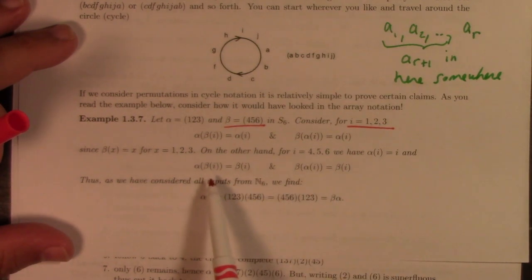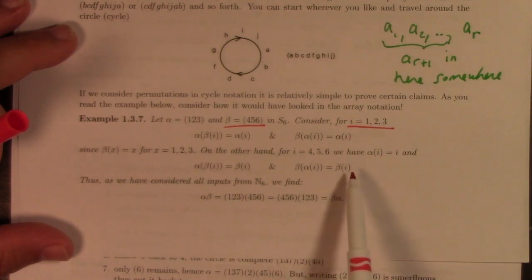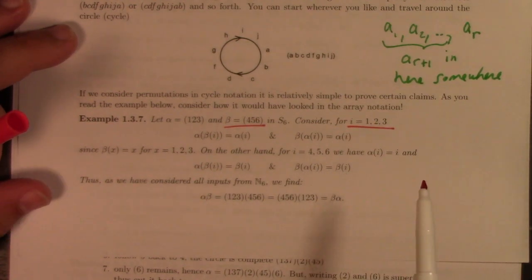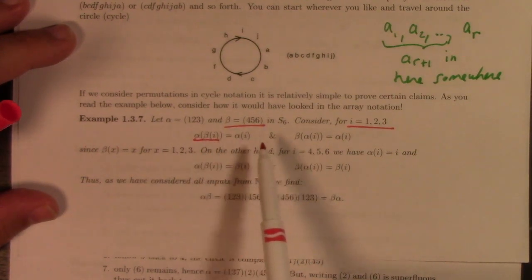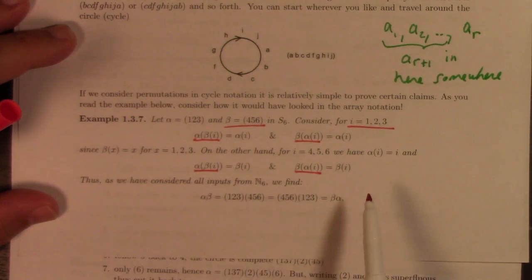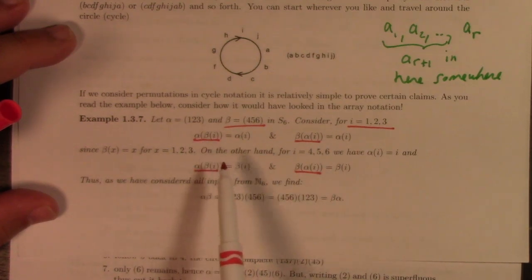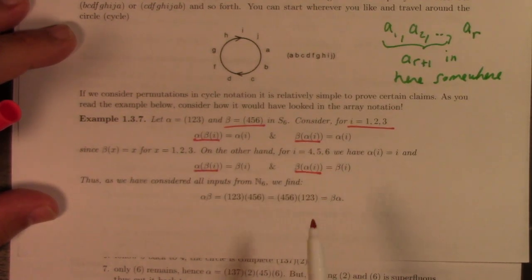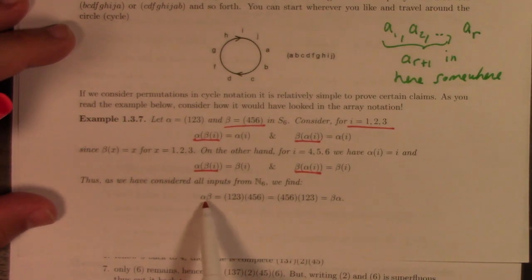For i equals 4, 5, 6, we have a similar argument which says that alpha of beta of i is equal to beta of i, and beta of alpha of i is equal to beta of i. So if you look at what you got, we have shown that this is equal to that for i equals 1, 2, 3, and also 4, 5, 6, which shows you that alpha composed with beta is equal to beta composed with alpha because they match on all their inputs, which is to say that this product of permutations is equal to that product of permutations.